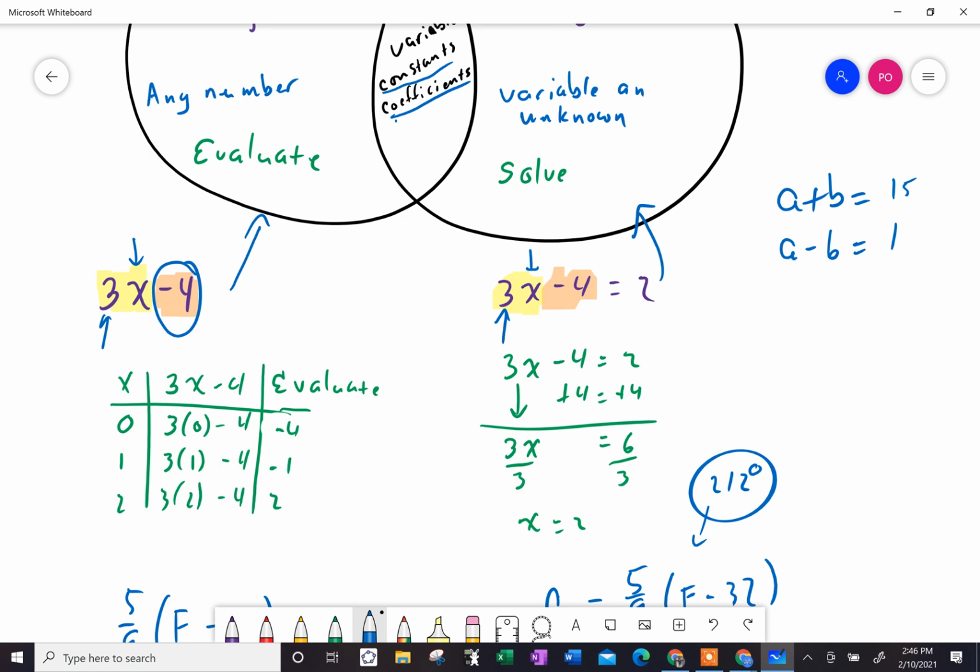There's only one value for A and one number for B that's going to make that true. Yes, it would be A equals 8 and B equals 7. But if I just said A plus B equals 15, now we have many, many different options for an equation.